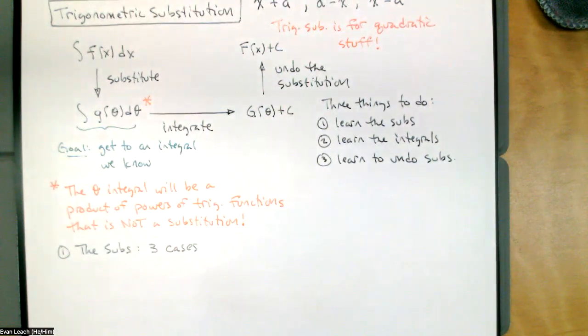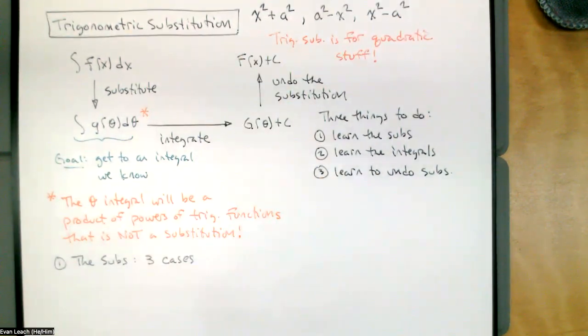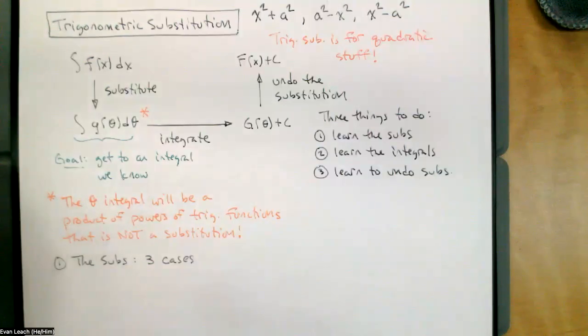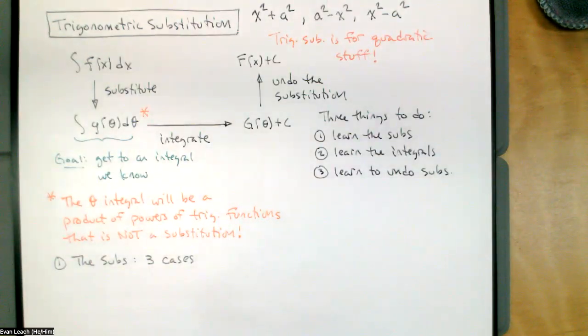There are three cases that we need to learn, outlined up here. A squared plus or minus x squared and x squared minus a squared. The first one is the tangent case.